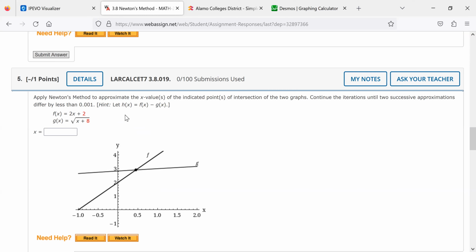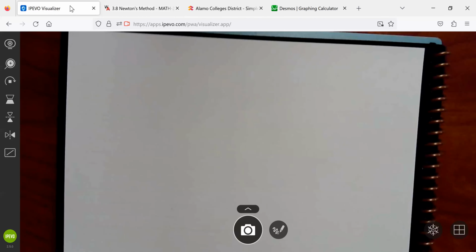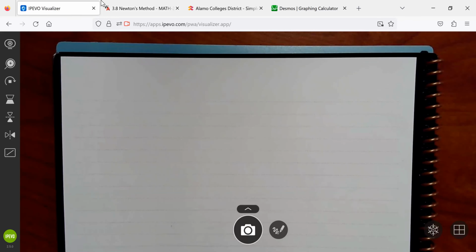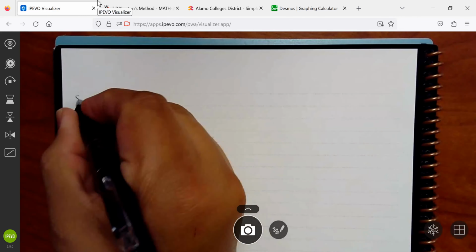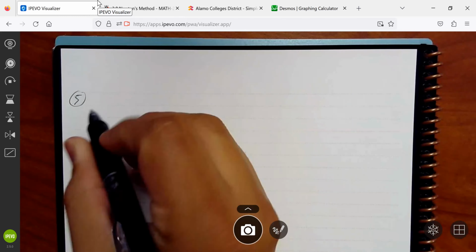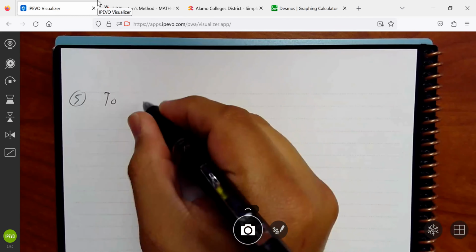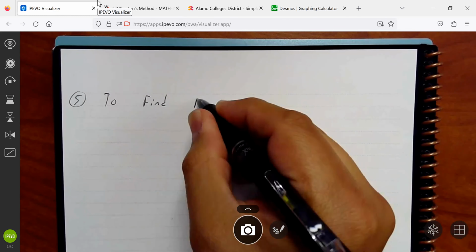So basically you want to know when this thing is 0, because that's the same thing as saying when these are equal. Does that make sense? This is number 5. Find points of intersections.